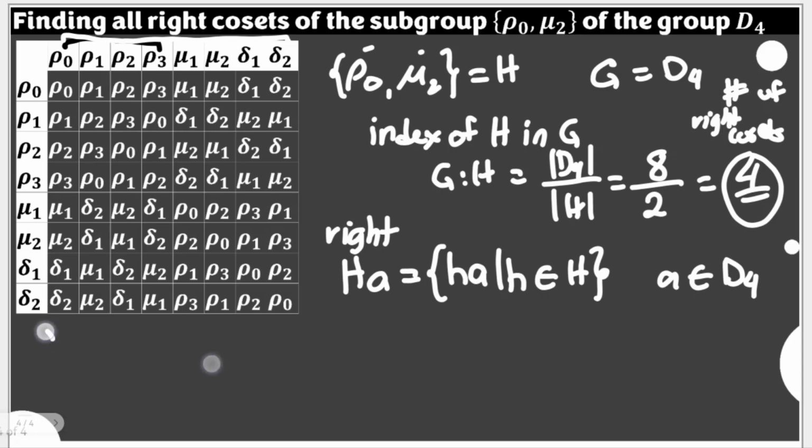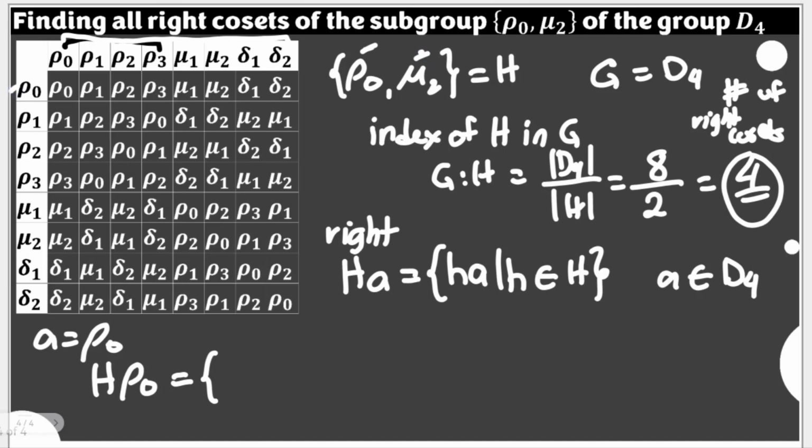So let's start with this. If A is the first element of D sub 4, which is rho sub 0, meaning the first right coset is H rho sub 0. So we have here the first result. We're going to operate both of these.